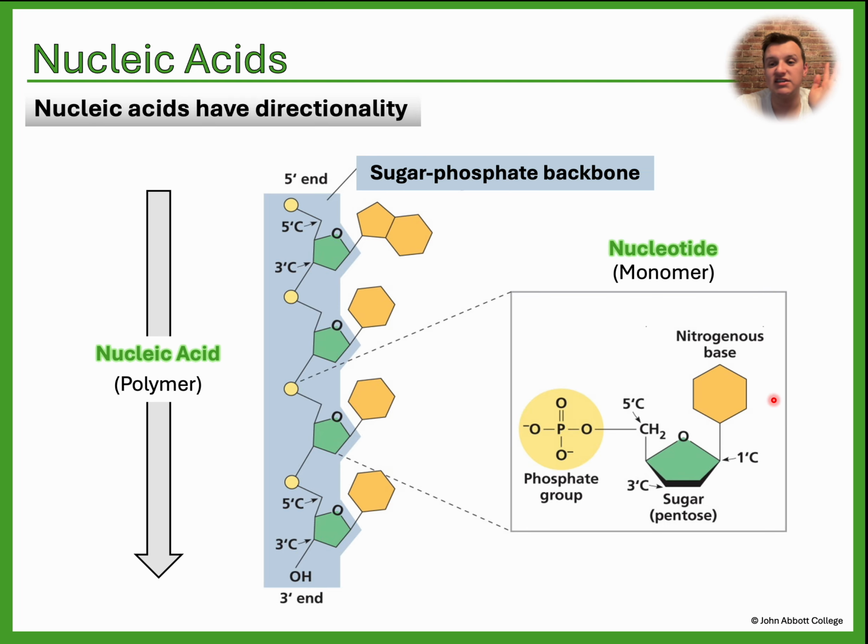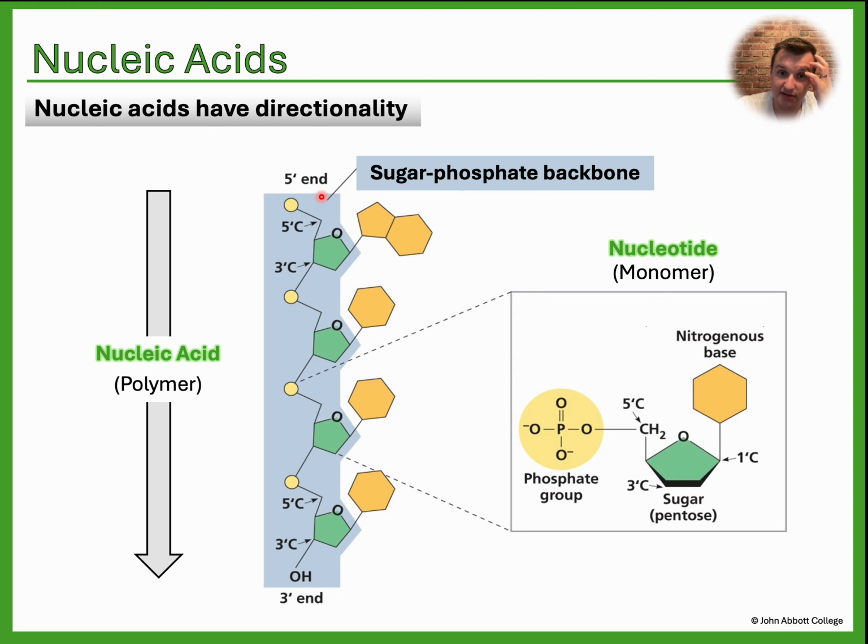It could be A, T, C, G, whatever, right? This is one nucleotide monomer. This is an entire nucleic acid polymer, with many nucleotides in it.